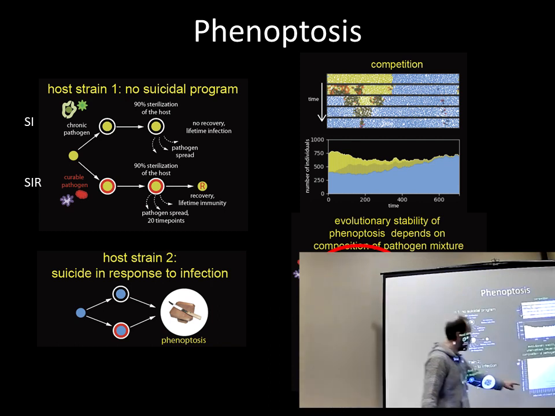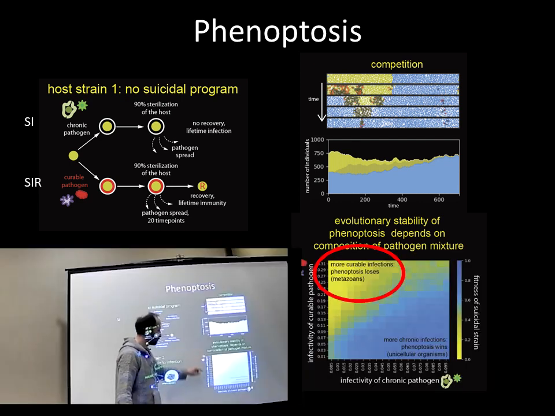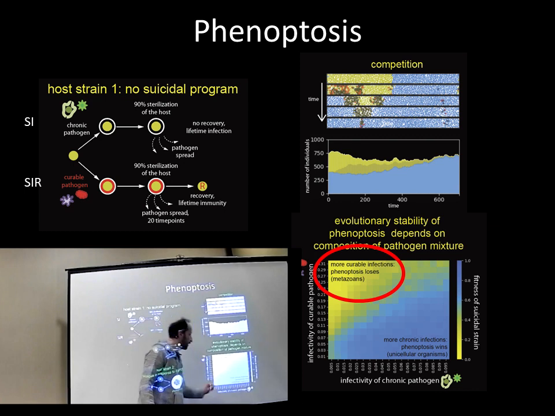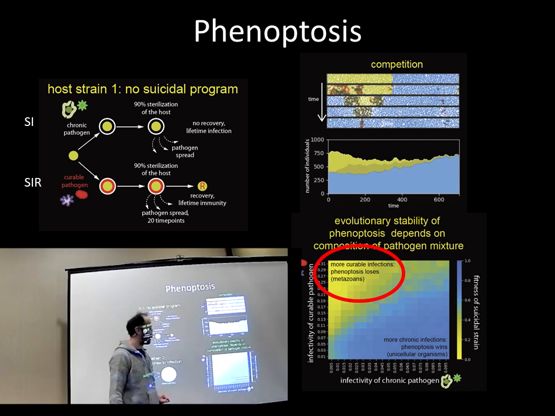In this diagram, there are transmission rates of curable and chronic pathogens. In this corner, we have more curable infections. In this corner, we have more chronic infections. This situation corresponds to the bacteria situation, and here phenoptosis wins.